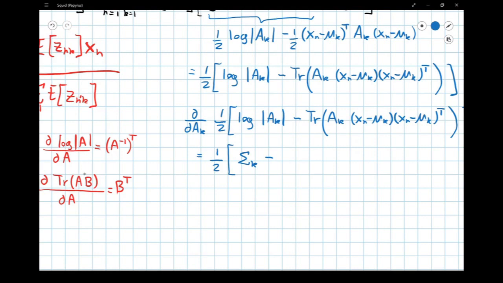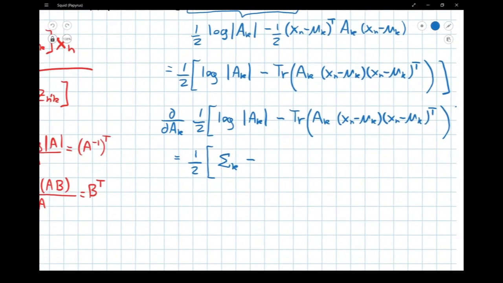So if we look at this relation here, this thing is a matrix, so we can treat that as being like B. So that means that we take the derivative of this with respect to matrix A k, we end up with this thing transposed.